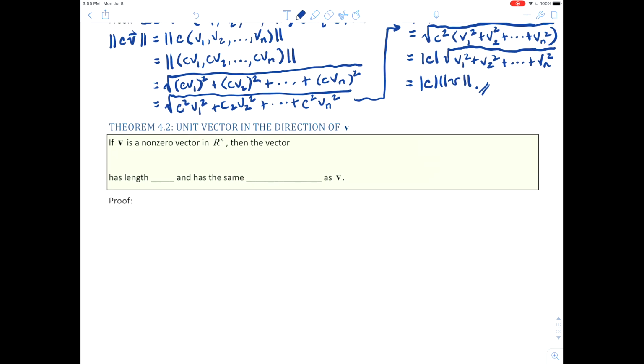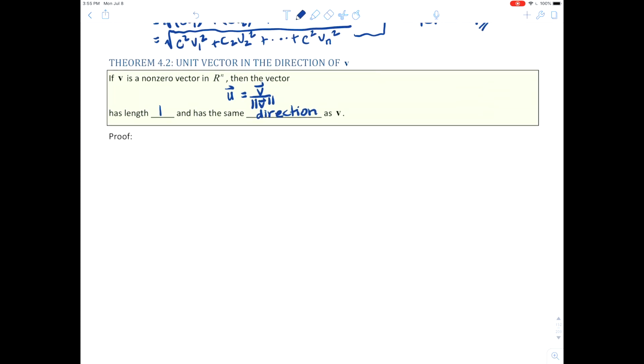All right. So let's look at our next theorem. Unit vector in the direction of v. If v is a non-zero vector in Rn, then the vector u equal to v divided by the magnitude of v has length 1 and has the same direction as v. So this is really cool, and we'll be using this a lot.